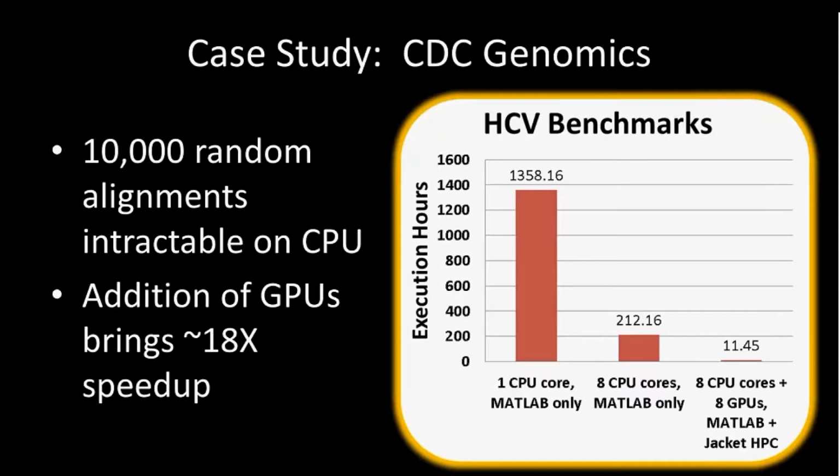However, when you couple the CPU parallelism with GPU parallelism, you get absolutely astounding results. 18 times speed up through the addition of GPUs, as you can see here in this chart. So the CDC went from having to wait from an intractable problem just due to the length of time that it would take to run to something that they could run in less than half a day.